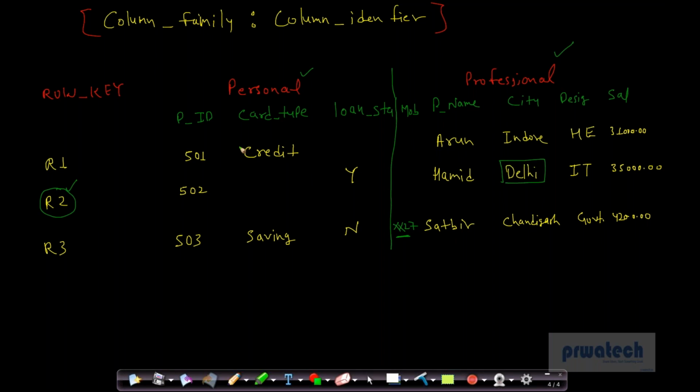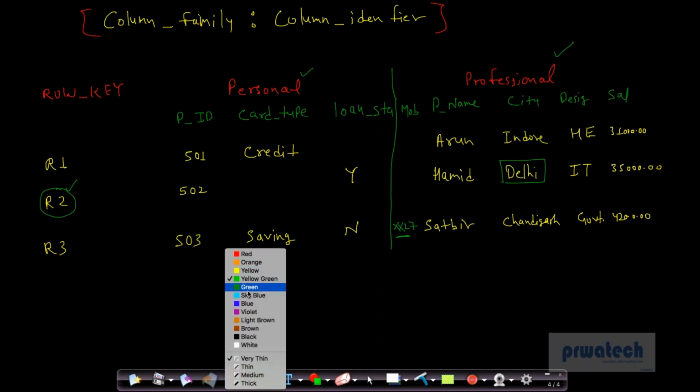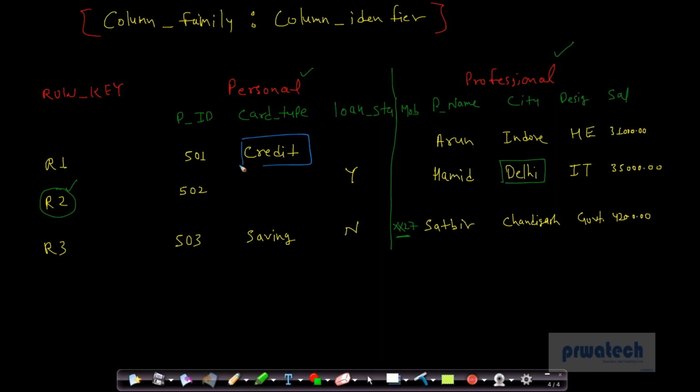If I'm looking for this credit, I'm not going through PID, loan status, or other columns. My query is as simple as it is. I'm just writing pseudo form: R1, and obviously some table name.